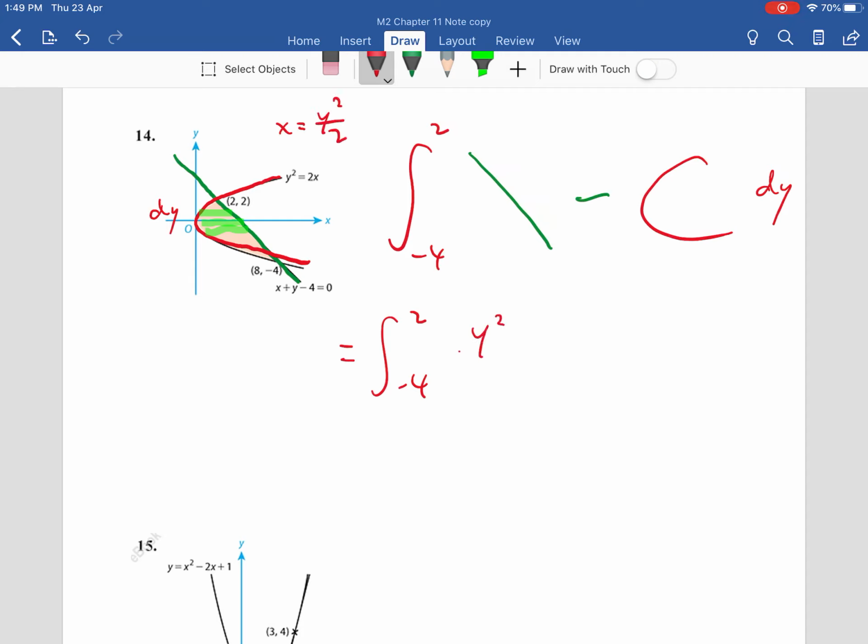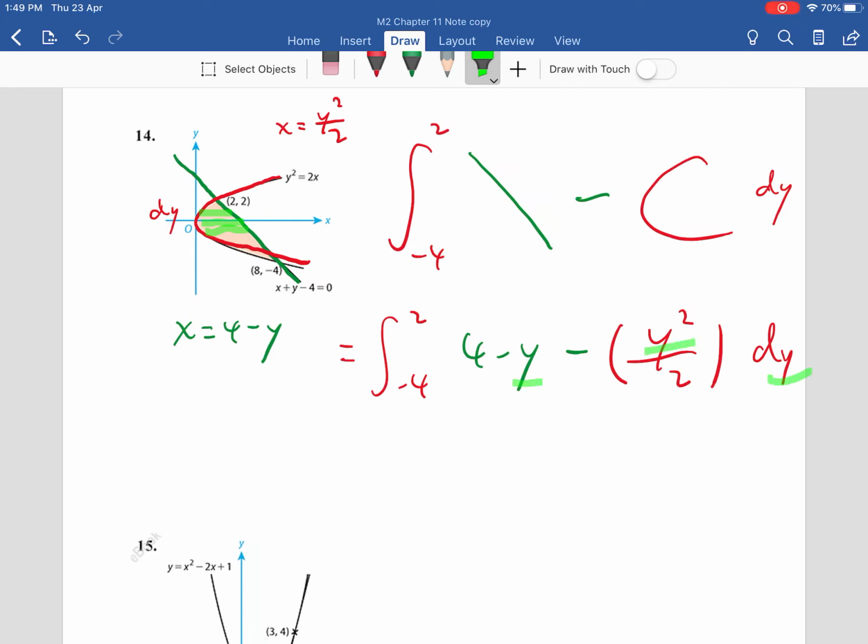The red curve is x equals y squared over 2. The green line should be x equals 4 minus y, minus the red one, y squared over 2. Then again you see that this is y, this is y. Then you can do the integration.